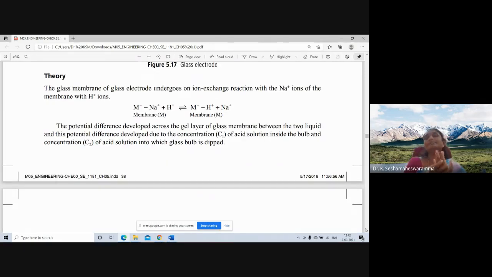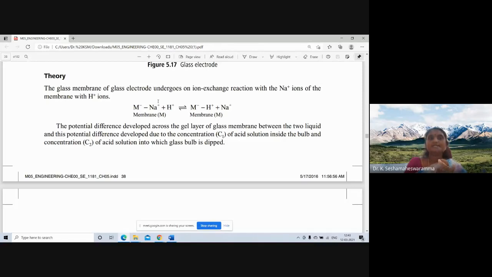What is the theory behind this? The glass membrane of the glass electrode undergoes an ion exchange reaction, with the Na plus ions of the membrane exchanging with H plus ions. The glass membrane consists of sodium oxide, calcium oxide, and silica.